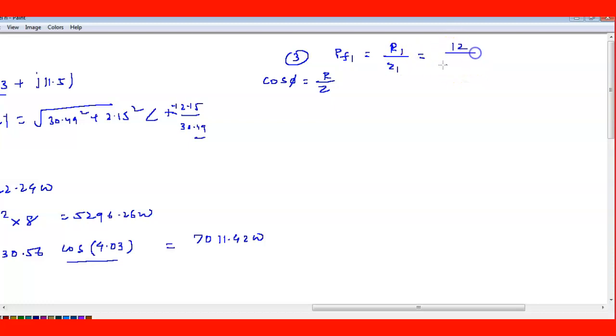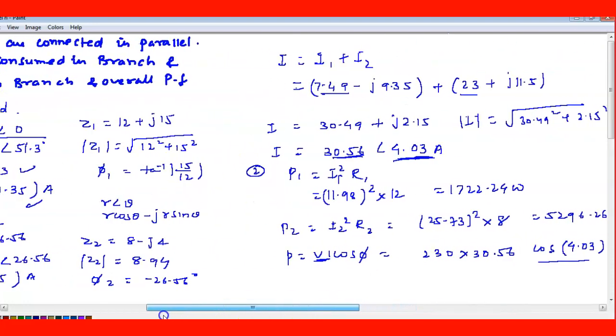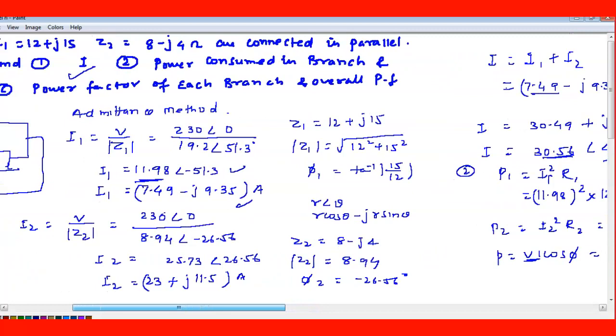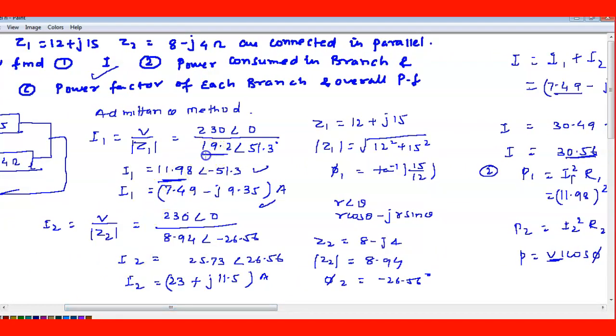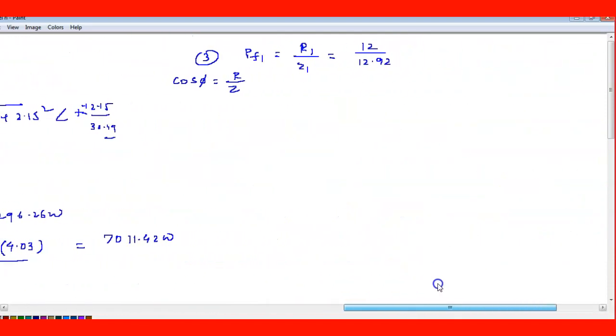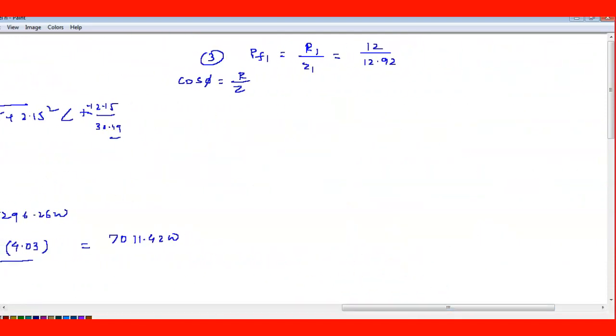R1 is 12, and Z1 is, in the first part, how much we got? 19.2. So we can find the value of this one, 0.62. Okay, this is lagging.